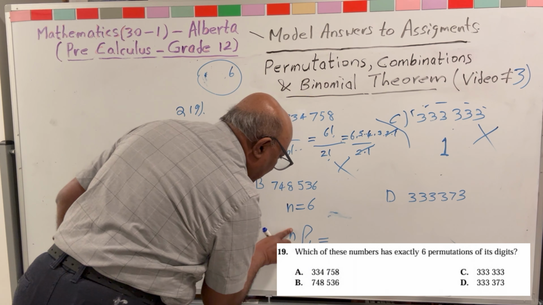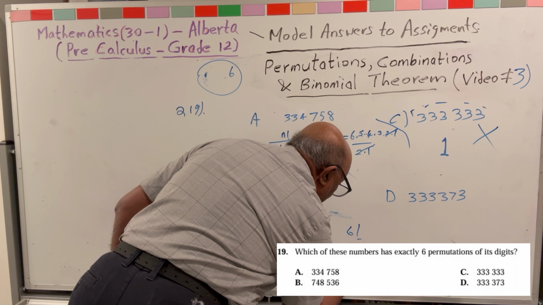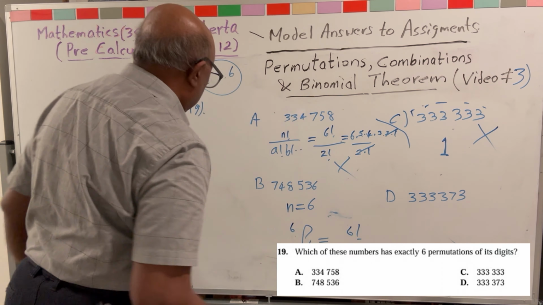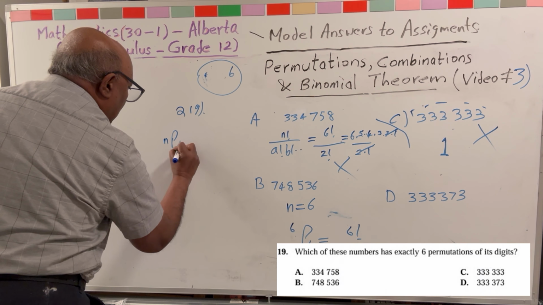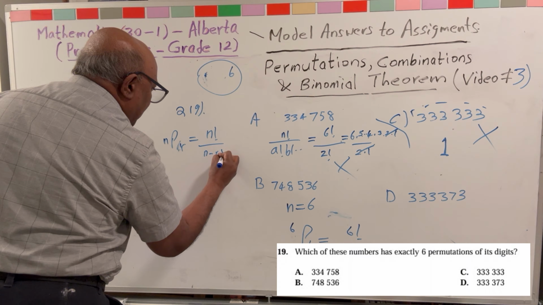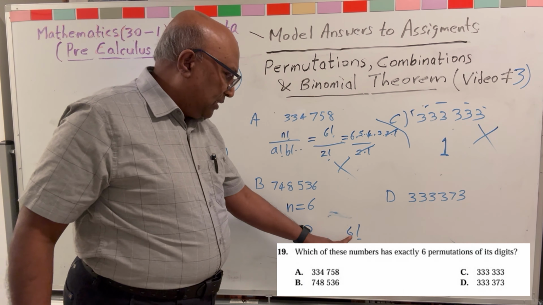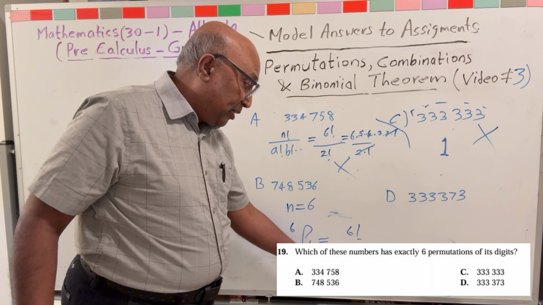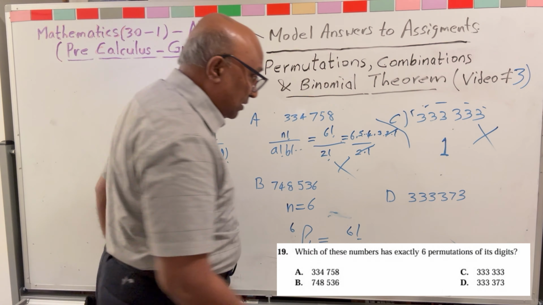That means the answer is 6P6, factorial 6 upon factorial 6 minus 6. nPr equals factorial n upon factorial n minus r. Factorial 6, 6 minus 6 is 0, 0 factorial is 1, so factorial 6 upon 1. That is something else. This is also not 6.